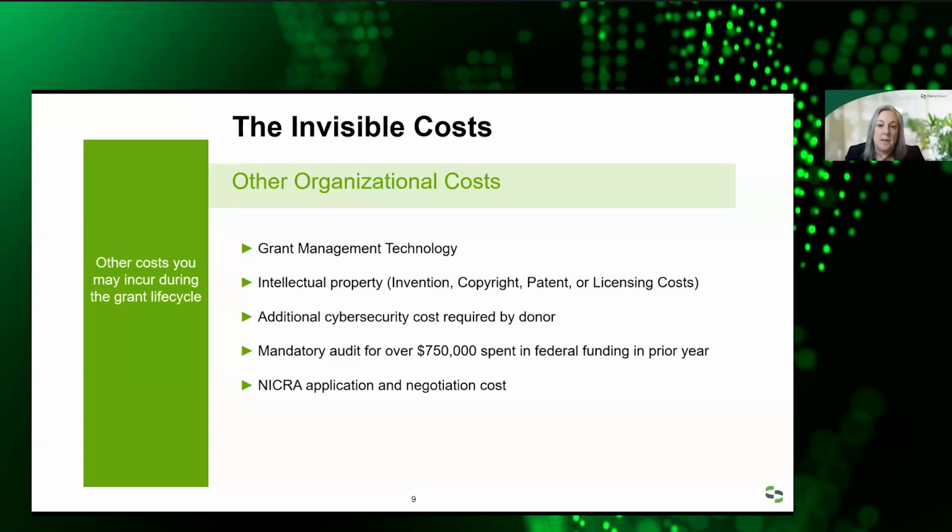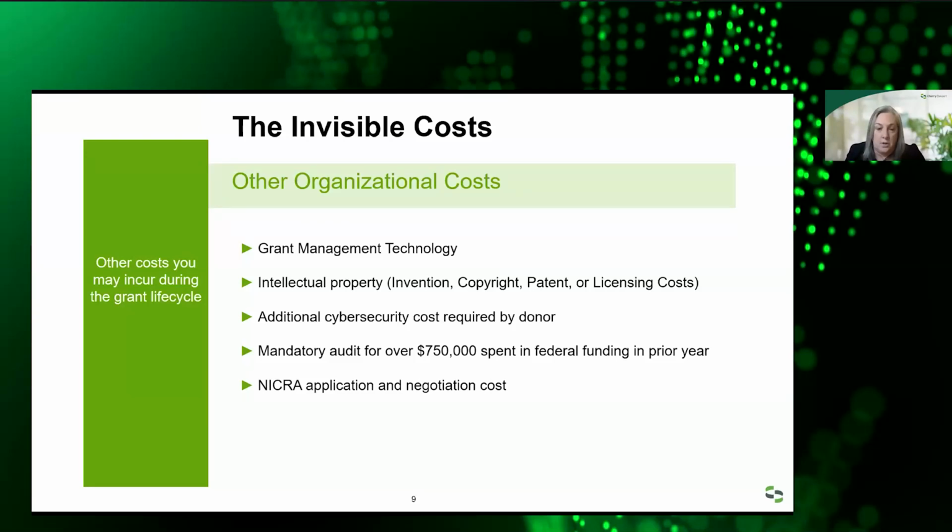Other things that come into play are intellectual property, especially if you have like a research grant, additional cybersecurity costs. Some grants up front tell you, we are expecting you to have this type of security. Do you have that? Are you going to have to implement that? Maybe you get into the grant and you're working with a grant with PII or PHI or something like that. And there's another cost where you're like, oh, we are not secure enough.